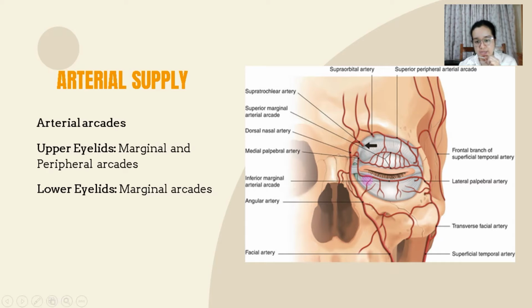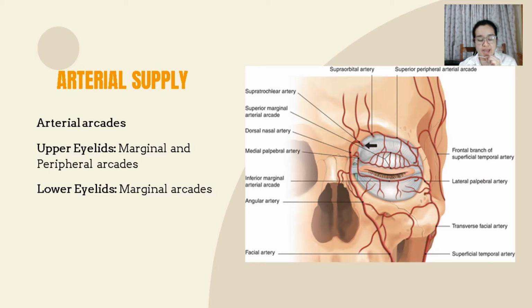In the lower eyelid, there is the marginal arterial arcade. It arises from the medial and lateral palpebral branches running horizontally approximately 3 millimeters inferior to the lower eyelid margin and anterior to the lower eyelid tarsus.